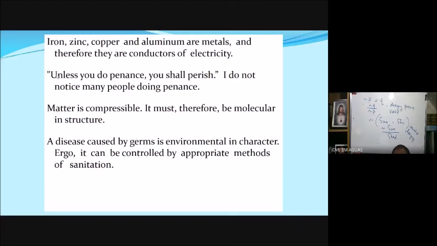Think about that. When you say not unless, that means double negation.